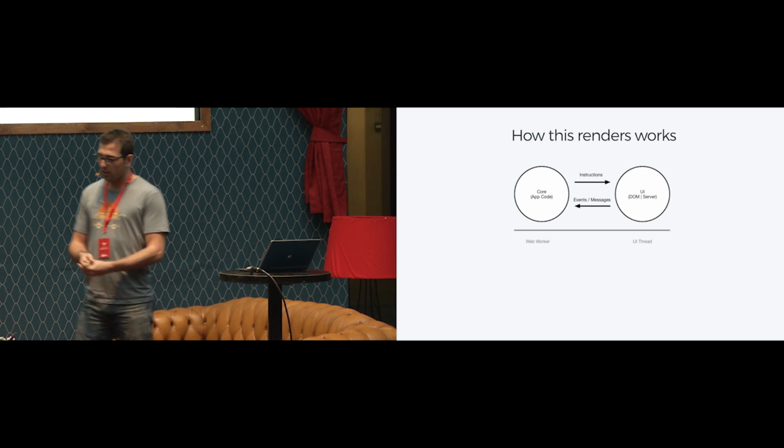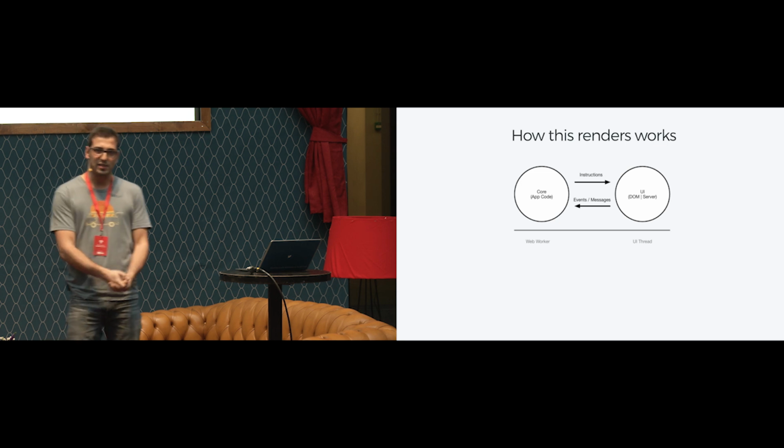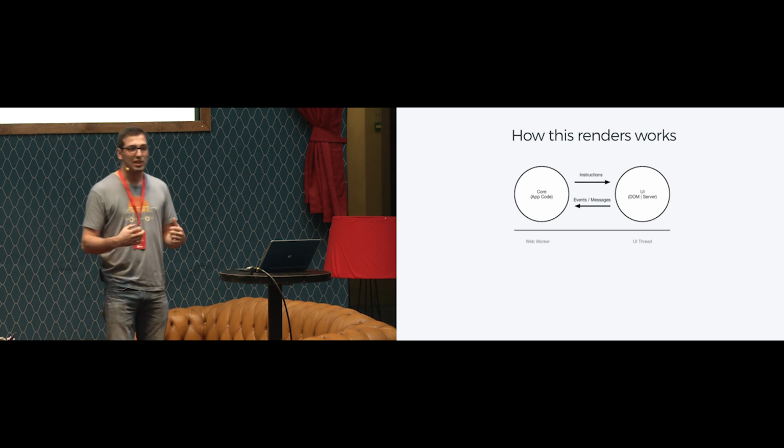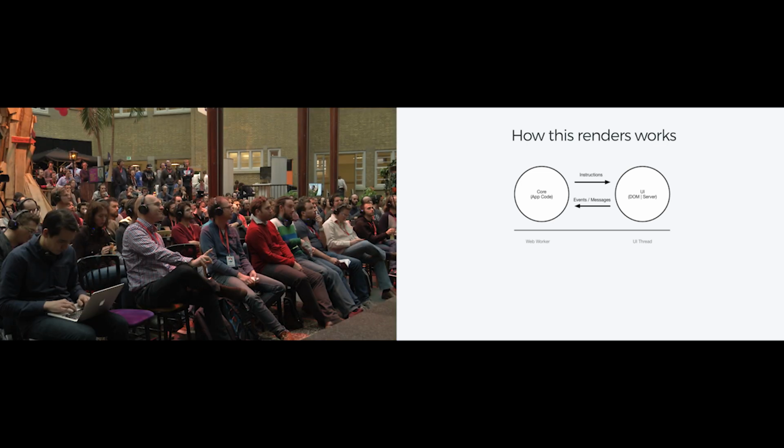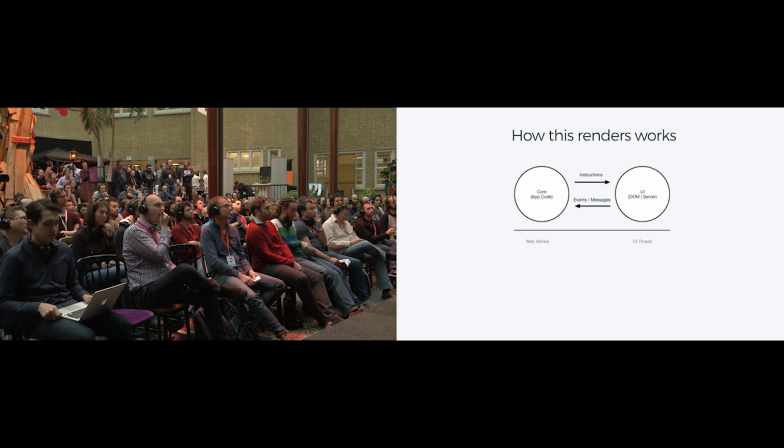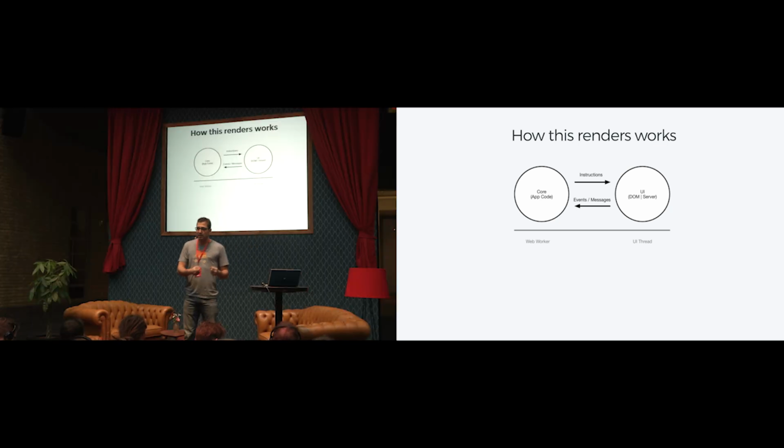On the core level, there is a parse HTML and a parse CSS. They parse all your template and create all the meta information. They become instructions, and these instructions are sent to the UI. And on the UI, there is the renderer that gets these instructions and finally renders and prints in your DOM. On the other side, the UI just gives different events.